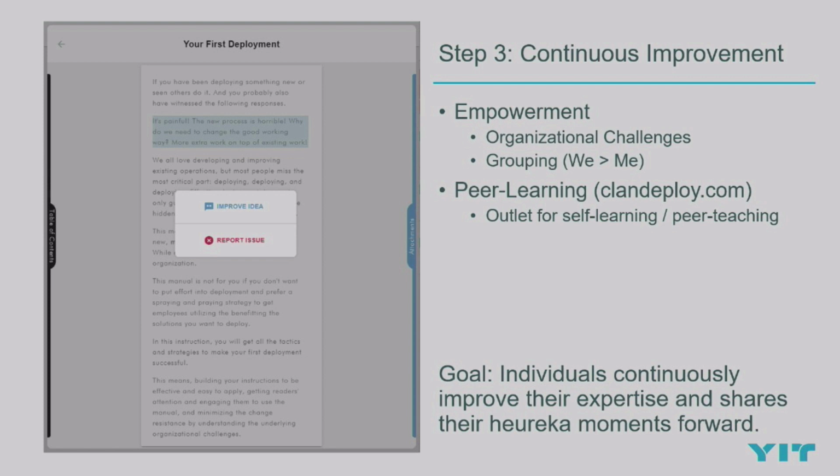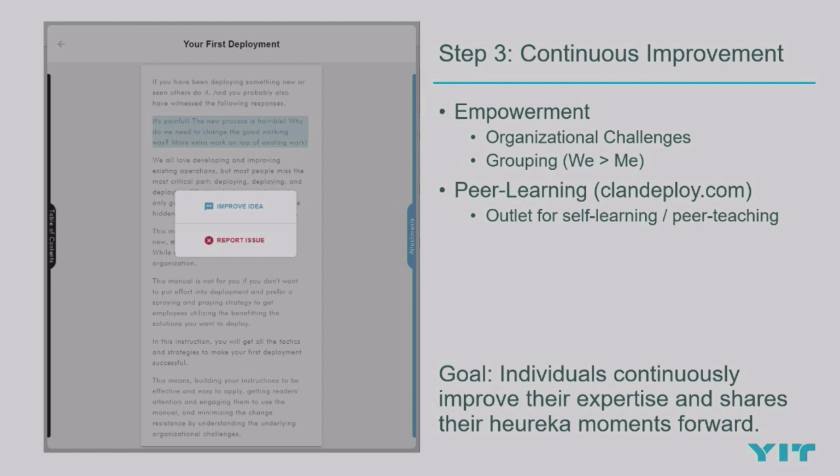And the other part is grouping. We, especially the AEC industry, but I feel it's most of the industries, we are living in hero cultures. It's all about the individuals who are making those big changes, and it's all about those individuals who know the best. But the grouping, the we mentality, the organizational approach that it's much more important to think that we as YIT are much better than the competition, or we as YIT are doing things much more efficiently or with much better quality or something like that.